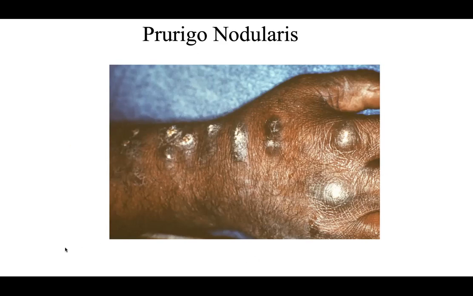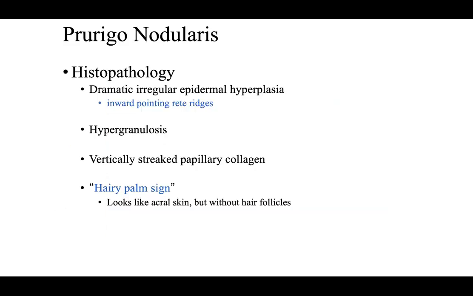Sometimes excising these areas is exactly what the patient needs. So just taking this problematic area from their body, and giving them a well-healed scar will actually cure them of the condition of the prurigo if it's just one area.